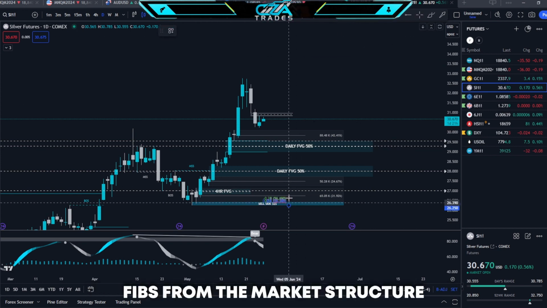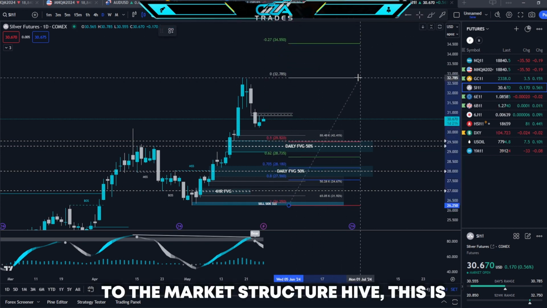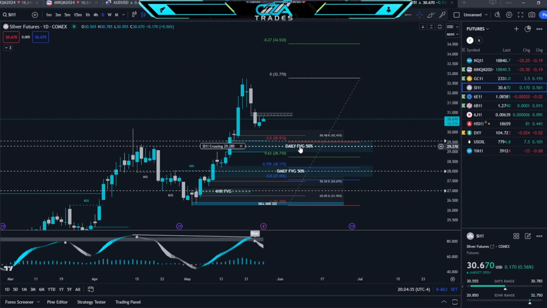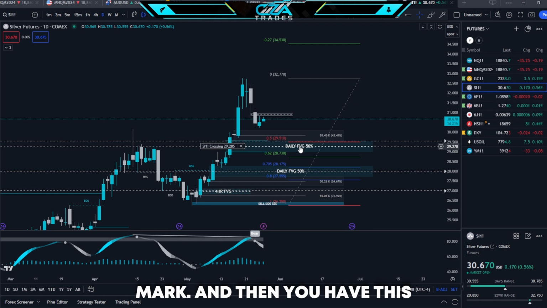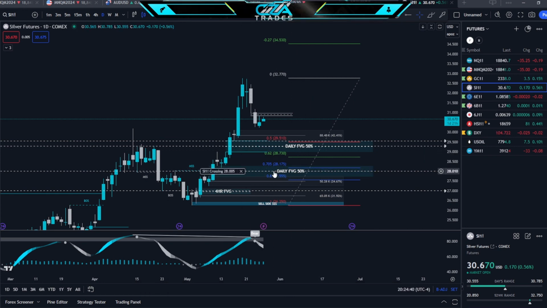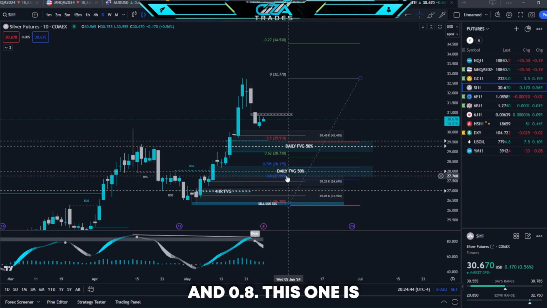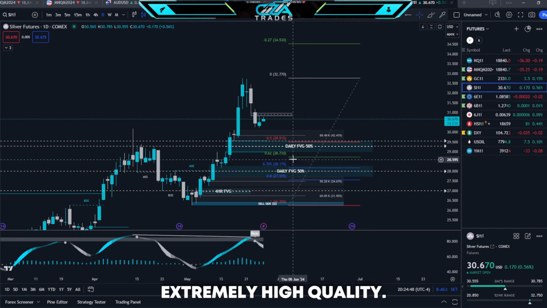And if you draw your fibs from the market structure to the market structure high, this is right below the 50% mark. And then you have this one over here that's between the 0.705 and 0.8. This one is extremely high quality.